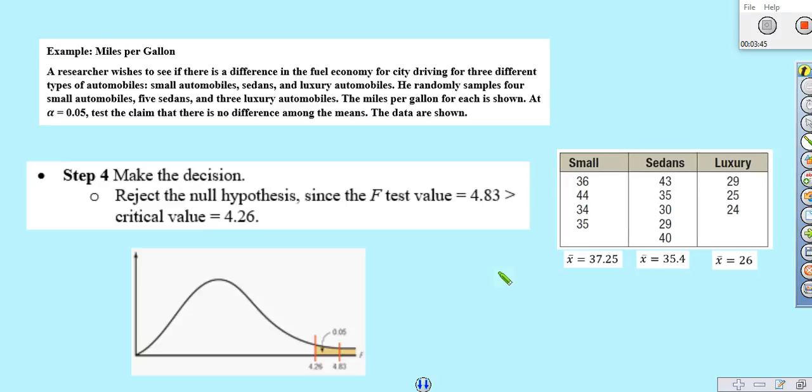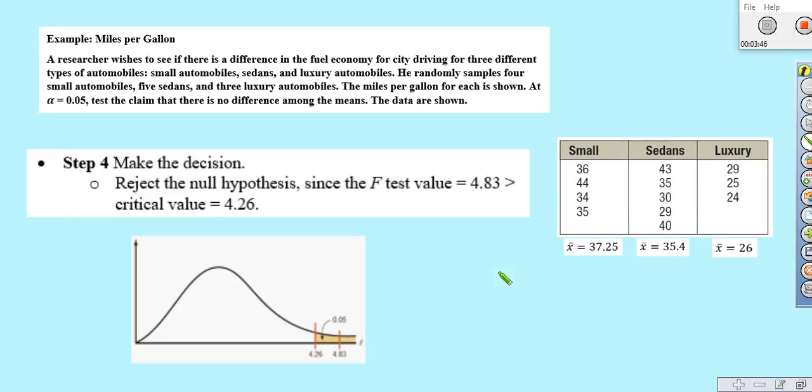So now we need to make a decision. The decision being, are we going to reject the null hypothesis or not reject the null hypothesis? We had some hard and fast rules: if our F test is greater than our critical value, or if our F test is less than our critical value, what would we do? Well, let's recall what that means.